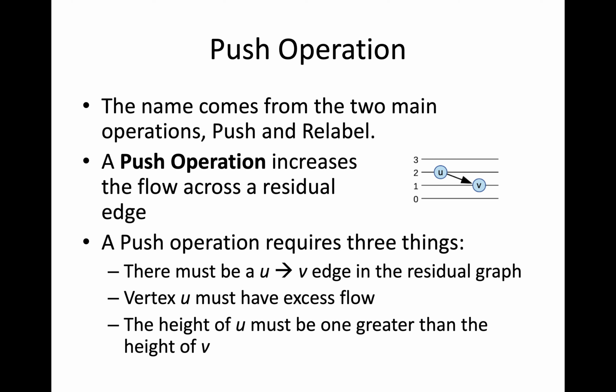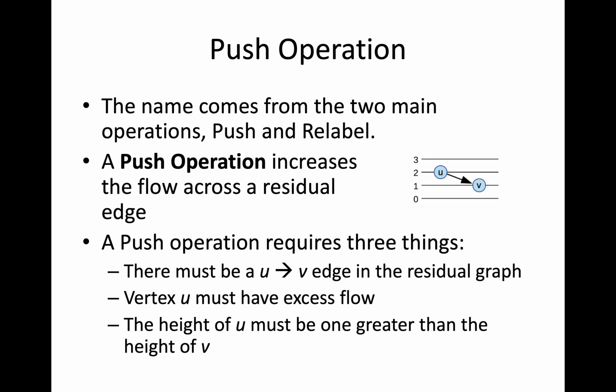First of all, you can push from vertex U to vertex V, provided there's an edge from U to V in the residual graph. By that we really mean an edge with some residual capacity. An edge that's already saturated doesn't help; you can't use it for the push operation.